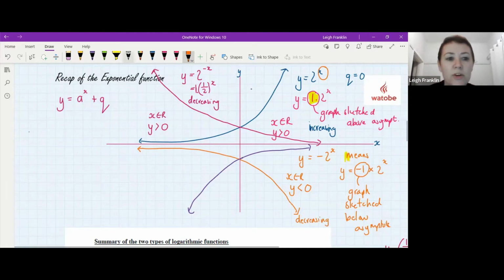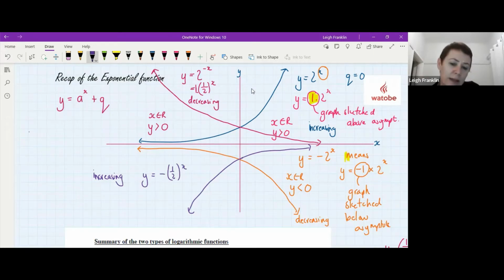Here, wherever you measure gradient, it's going to be increasing. So if this is the graph of y equals half to the x reflected over the x-axis, again, when we reflect over the x-axis, what changes sign? Y changes sign, and that's where we end up with minus 1/2 to the x. And again, it's not the half, it's not the base that's negative, it's the coefficient.